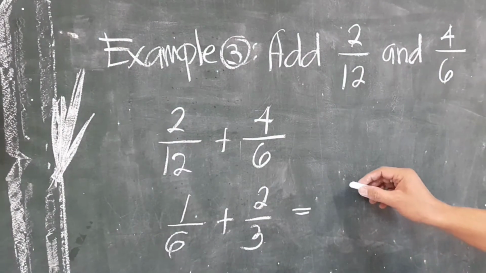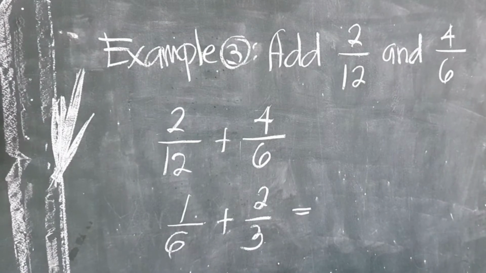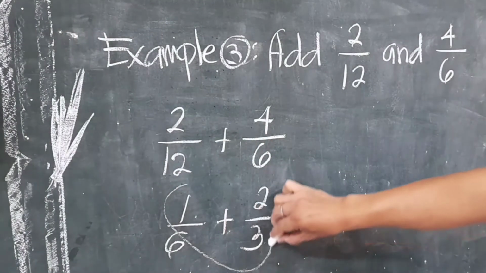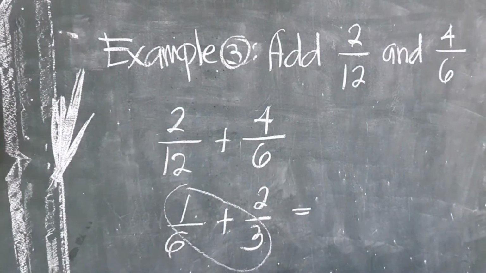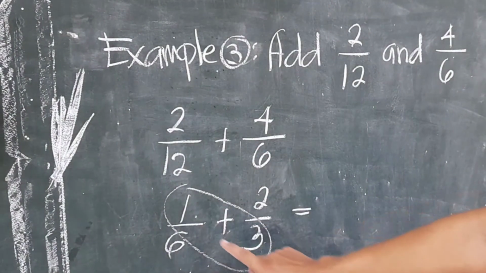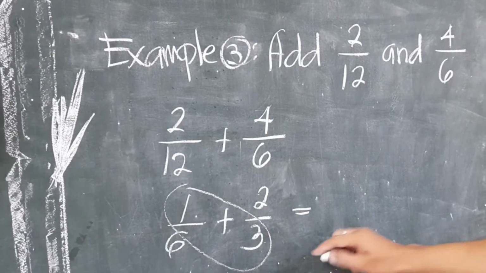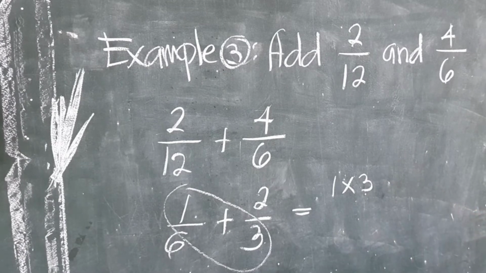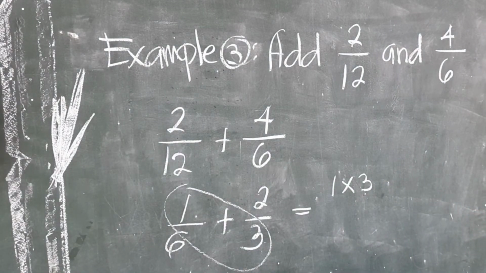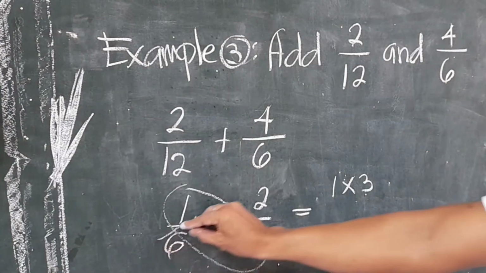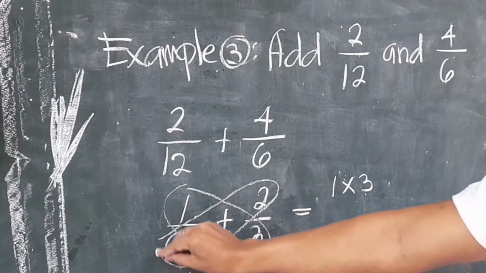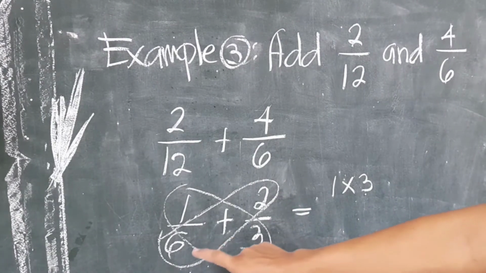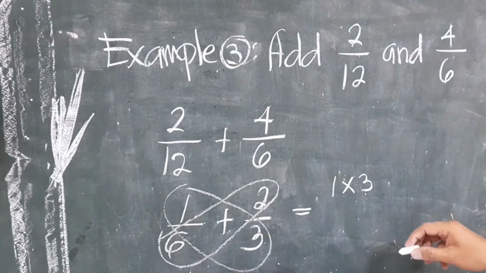We just use this method by simply multiplying the numerator of the first fraction and the denominator of the second fraction. So we have 1 times 3. And also, multiply the numerator of the second fraction and the denominator of the first fraction.